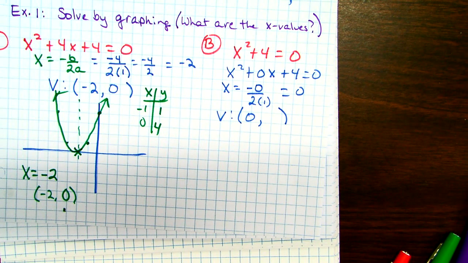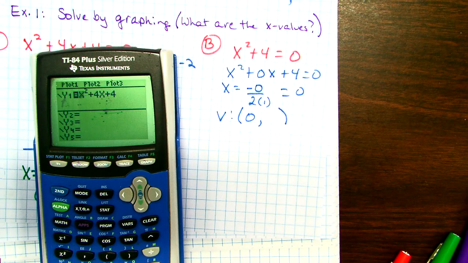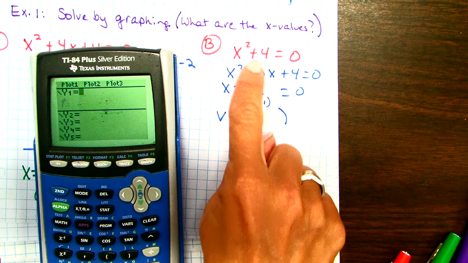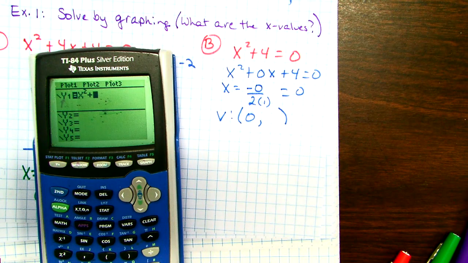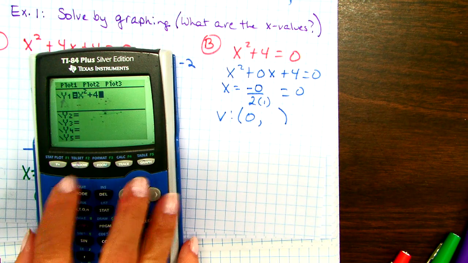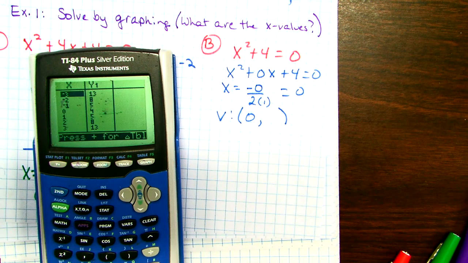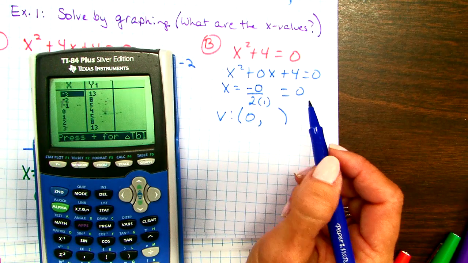So y equals, right? You can hit clear and then type it in. You can just type in x squared plus 4. Go to your table and find 0.